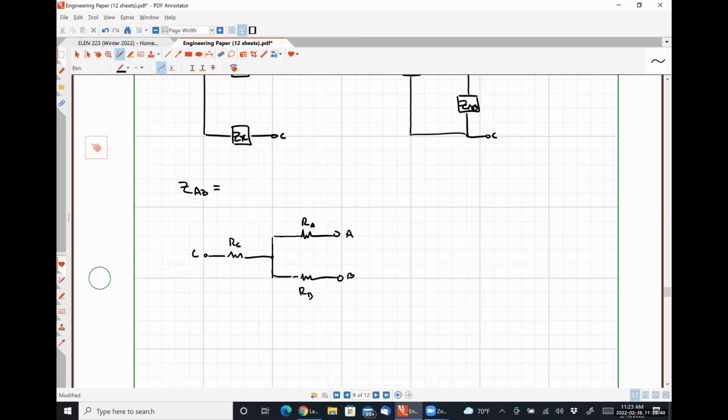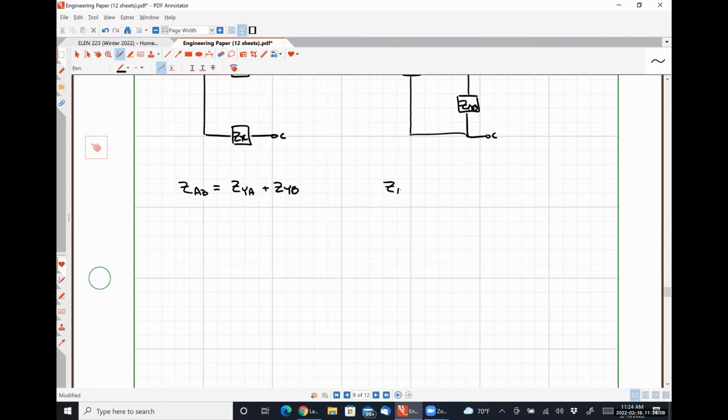When I look in between A and B, I just see this guy in series with this guy. RC doesn't show up because it's not connected to anything, right? That's the exact same situation I have with those impedances. So we have simply ZYA plus ZYB.